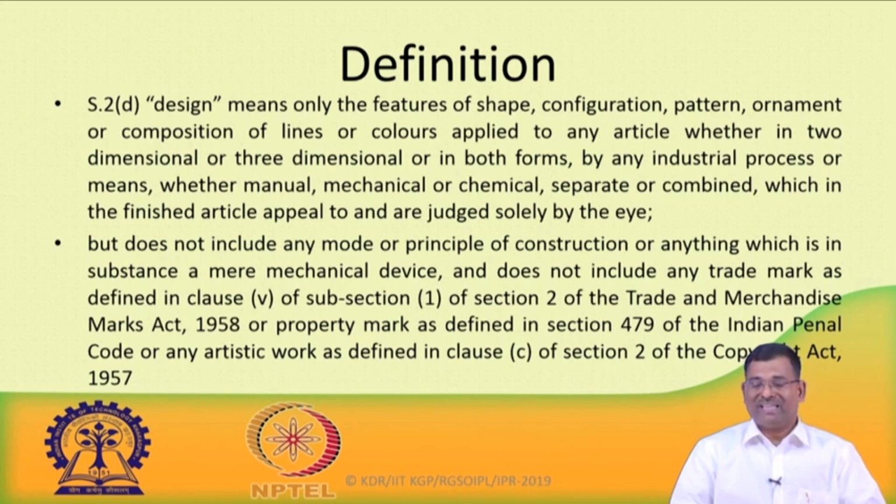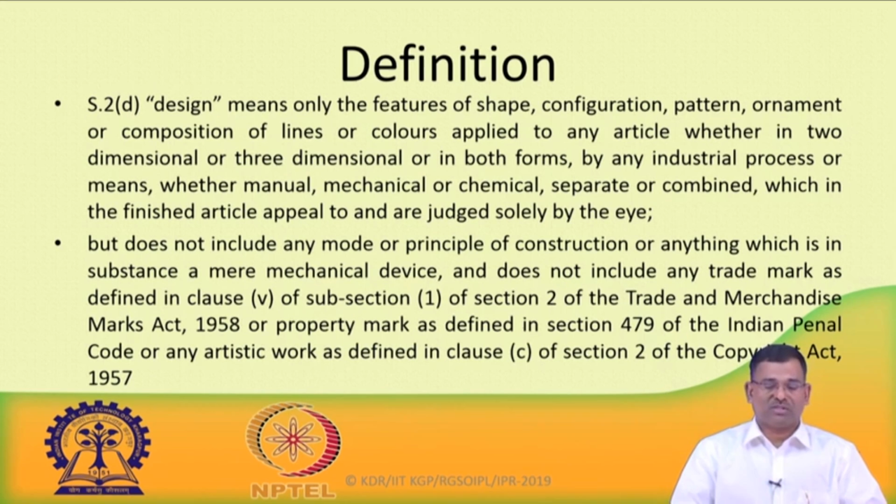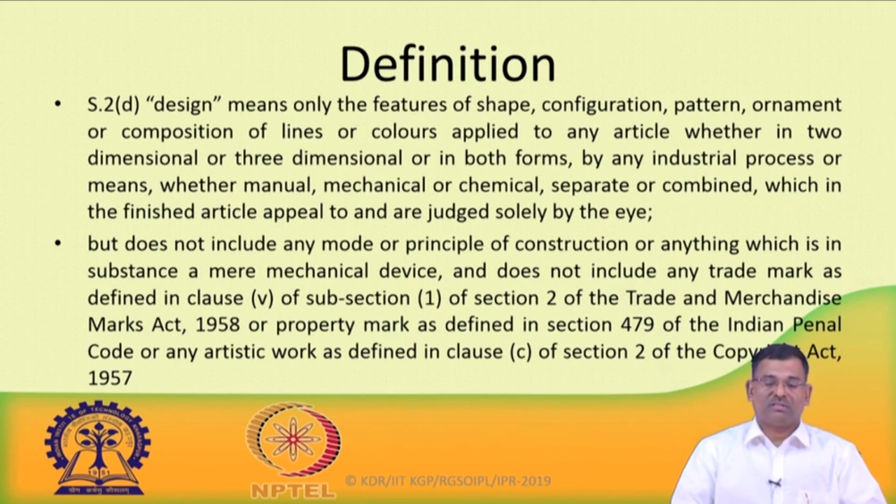It also does not include any trademark defined under the Trademark Act, or any property mark defined under section 479 of the Indian Penal Code, or any artistic work as defined in clause (c) of the Copyright Act. Because for artistic work, you go to the Copyright Act and register it as copyright, and for trademark, you go to the trademark law and register it as a trademark, not under designs.